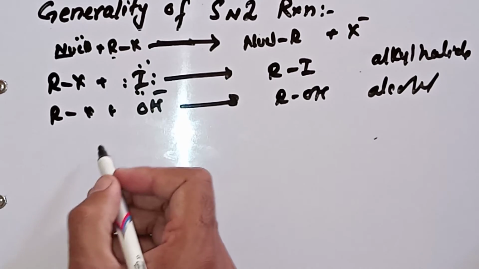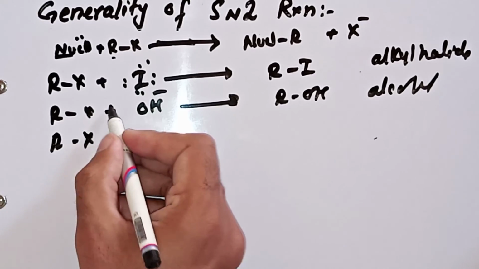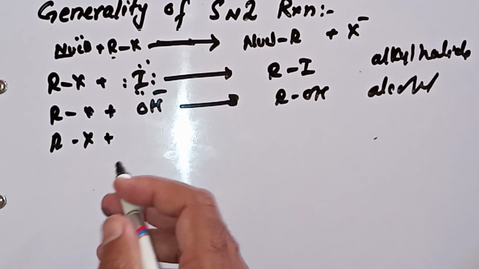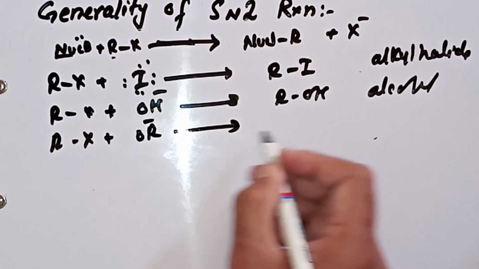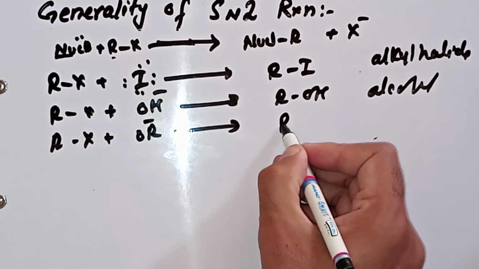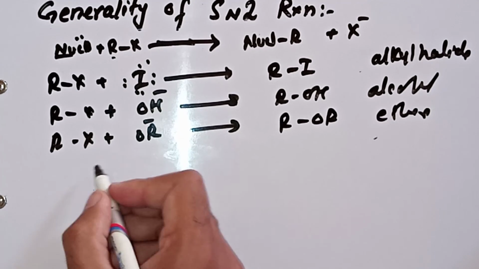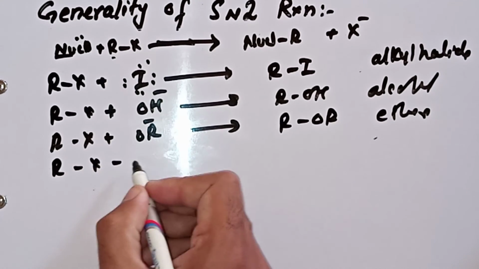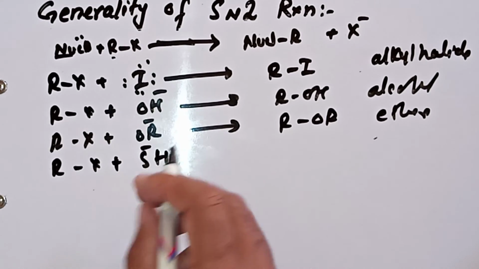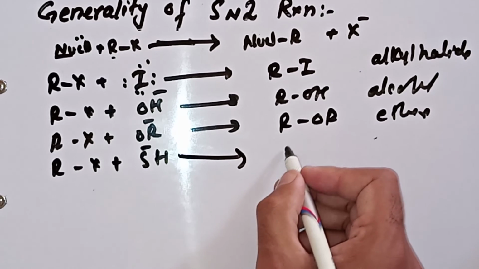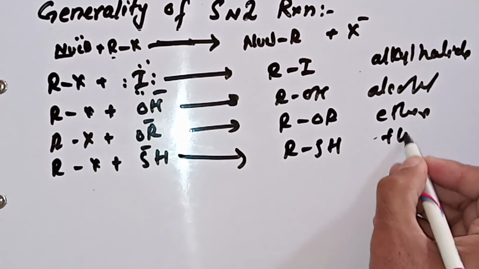When we use the OR negative group as a nucleophile, it will produce ether. When we use SH as a nucleophile, it produces thiol.